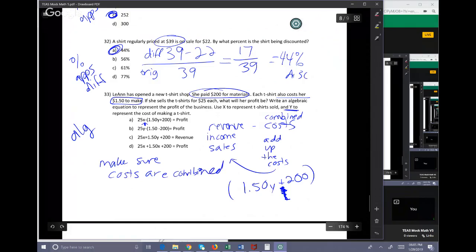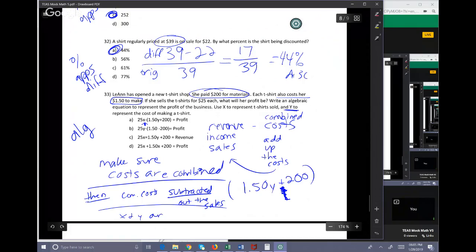Then make sure the combined costs are subtracted out of the sales. Then make sure X and Y are parked correctly.